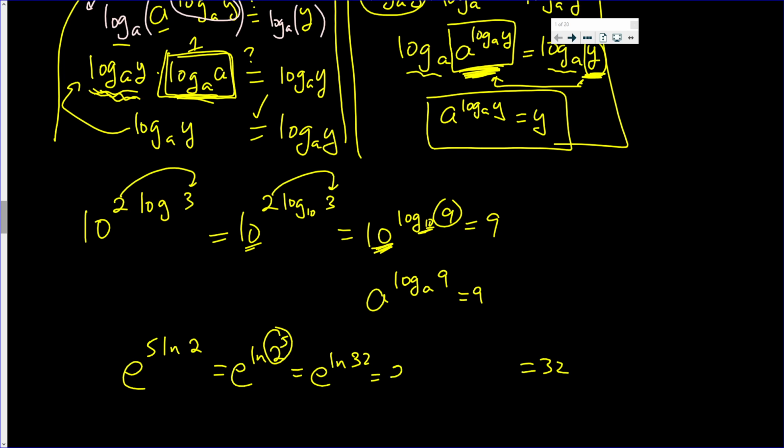If you want to see that both of those are the same, remember, ln is just shorthand for log base e. So you get back to anything. This completes the video on laws of logarithms.